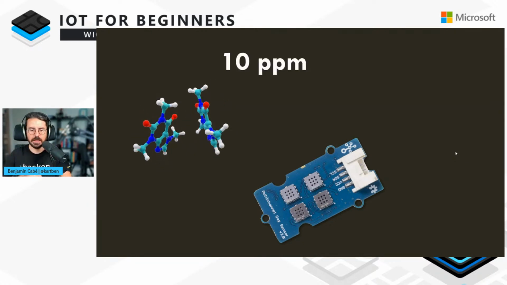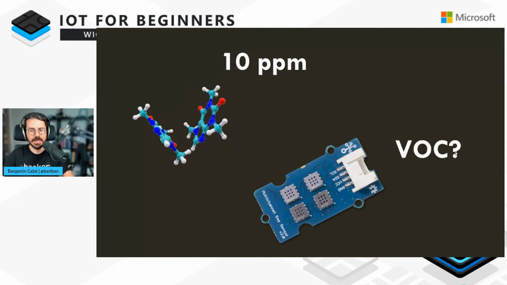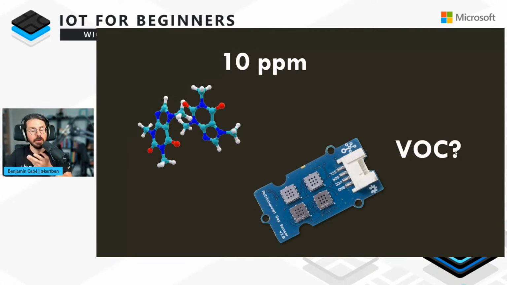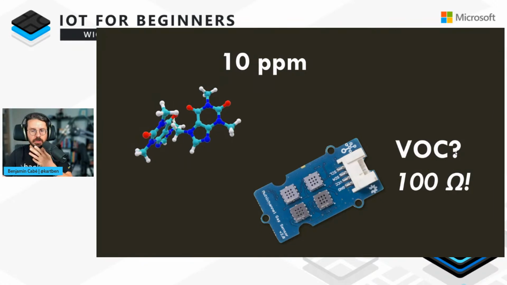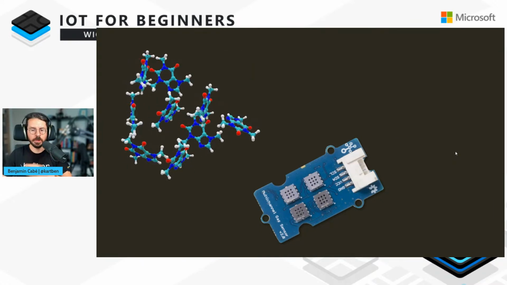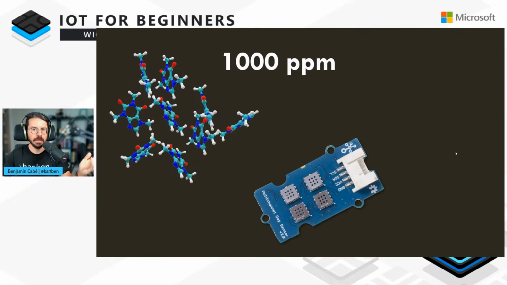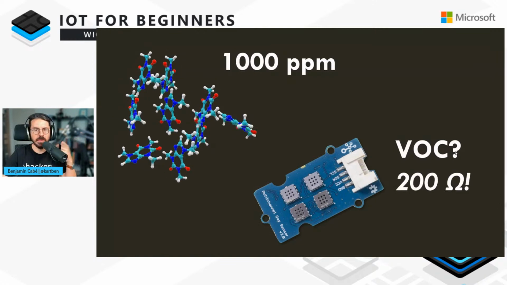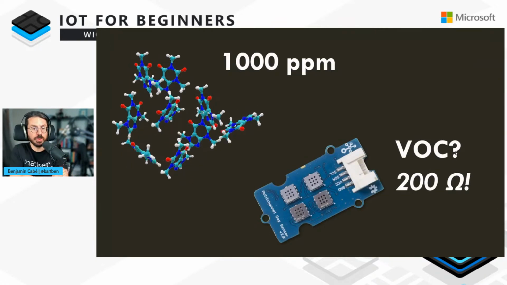So for volatile organic compounds, as per the data sheet of the sensor, maybe 10 parts per million of VOCs will register as 100 ohms on the sensor, whereas having way more VOCs in the air, say 1,000 ppm, might mean that we have a resistance of 200 ohms, right?